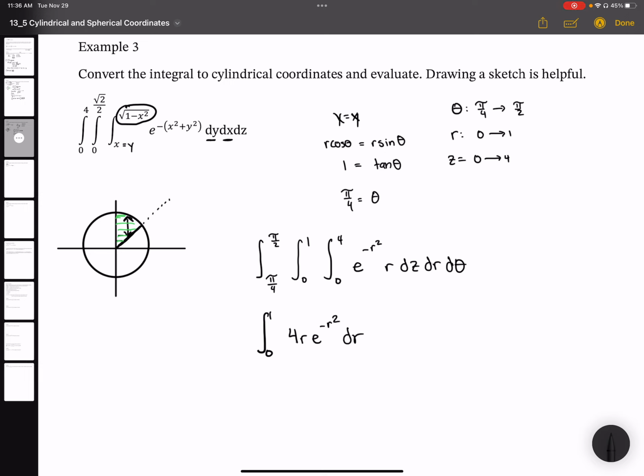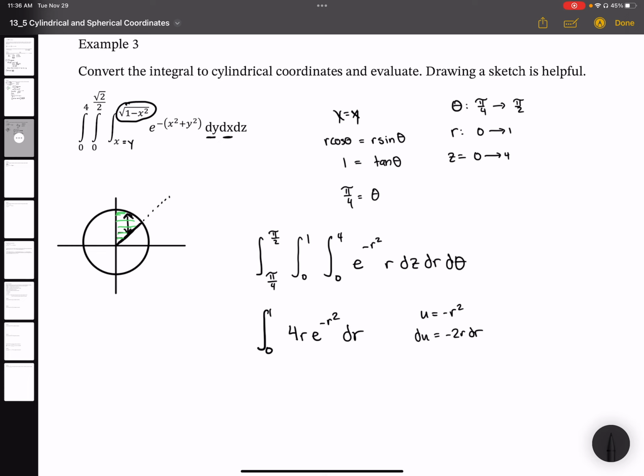So use substitution again. U is going to equal negative r squared. Du is going to equal negative 2r dr. And what we need is a positive 4r dr. So that would mean that negative 2 du is 4r dr. The r limits are from 0 to 1, so the u limits are from 0 to 1 squared times -1, so -1.